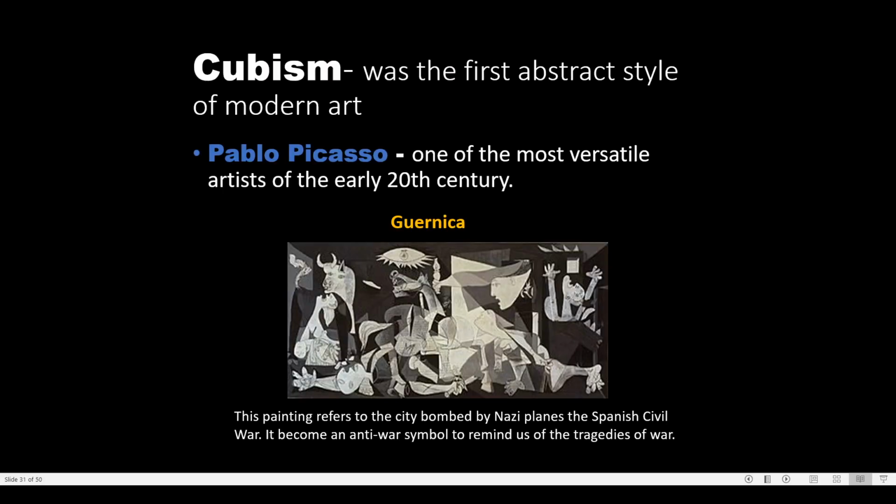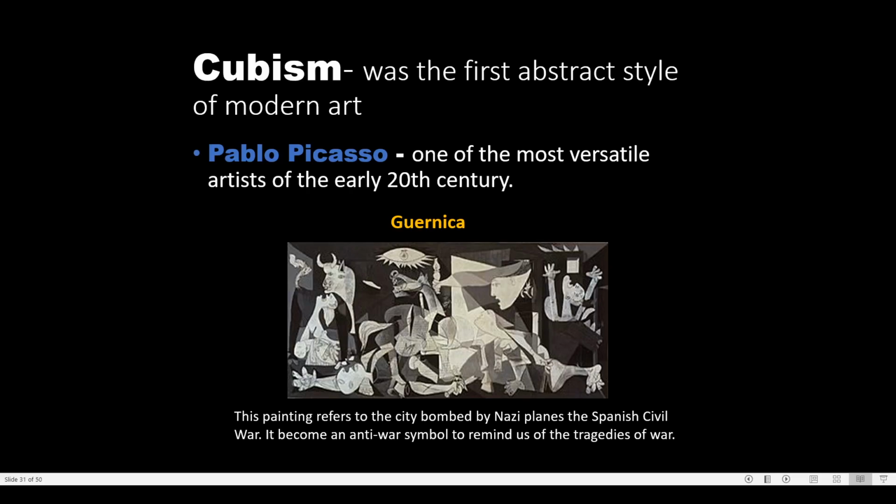Next, Cubism. Cubism was the first abstract style of modern art. Most famous cubist was Pablo Picasso, one of the most versatile artists of the early 20th century, and his famous work was Guernica.